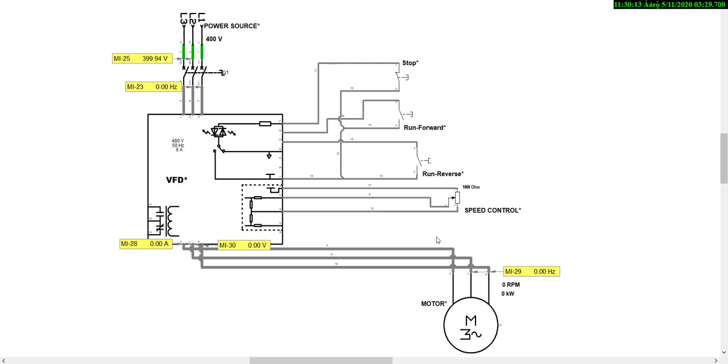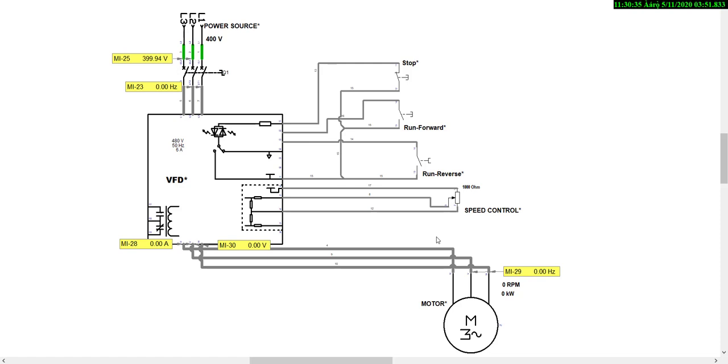Now how does a VFD convert DC to AC? It does this by using switching circuits. This is more of an electronic circuit. It can be done using power transistors like a BJT, MOSFET, or SCR. But basically in a VFD, SCR is the most appropriate because you want 100% energy conversion.